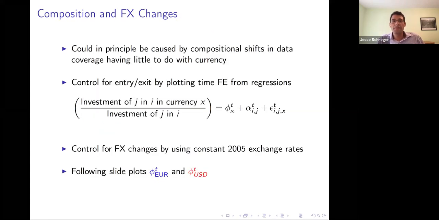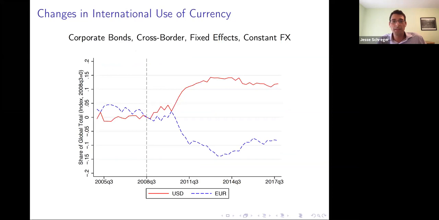Now, one of the benefits of having the underlying data is we can really look at whether this aggregate pattern is driven by compositional shifts that have little to do with currency. I'm not going to go into the details, but we can make this exact same graph controlling for entry and exit using fixed effects, as well as taking out any mechanical valuation effects. And what's remarkable is even there, this huge shift of cross-border finance from euros to dollars stays through.